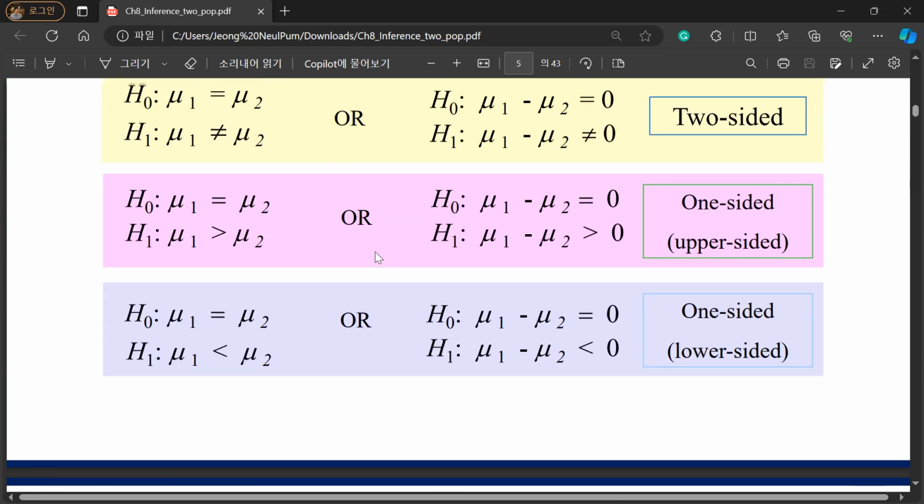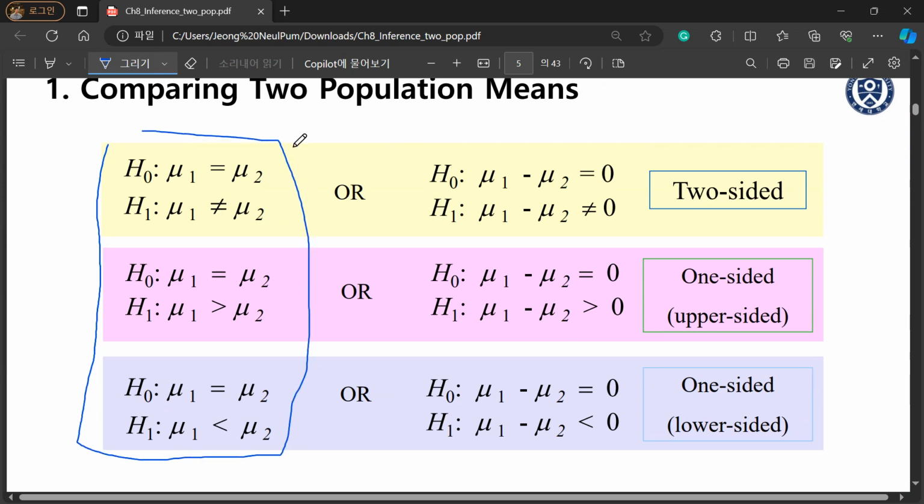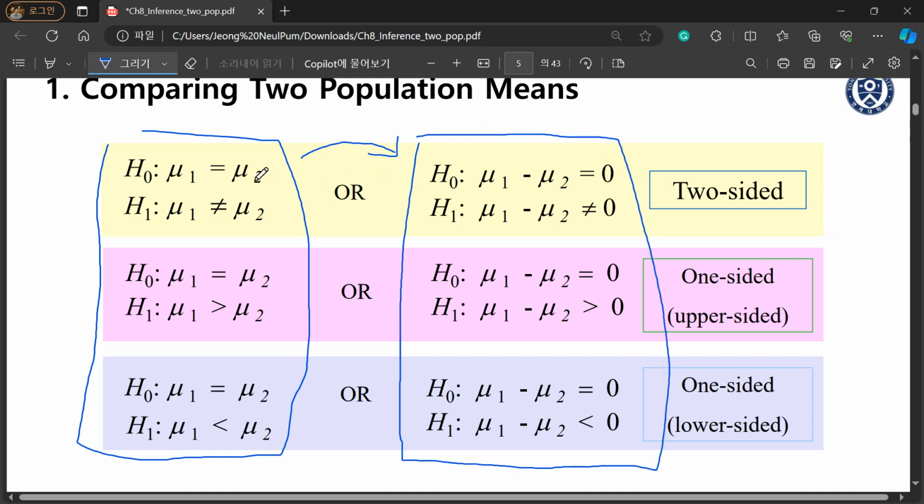As you already know, although we start with this situation, we can convert the previous situation into this one. And if we change this formula into the right side formula, we can deal with this as a one population thing.